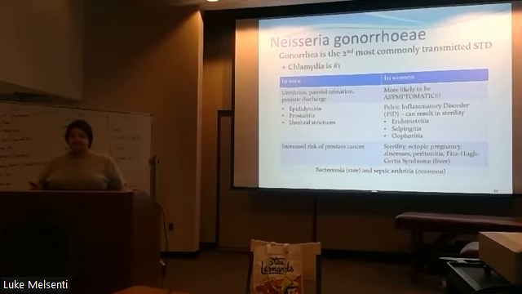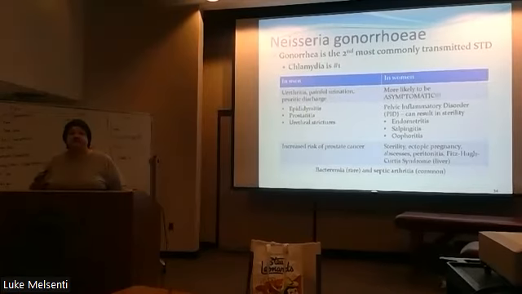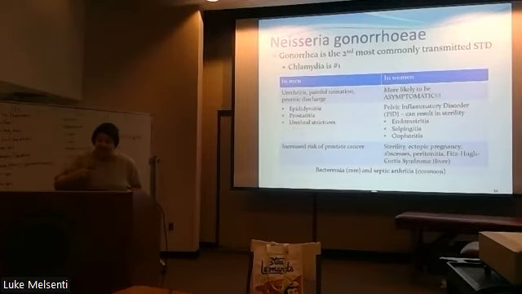Pelvic inflammatory disease is that whole categorization of all the female parts and what becomes inflamed: the endometrial lining in the uterus, salpingitis, the fallopian tubes, oophoritis, the ovaries. The way I always tell people to remember this, PID, pus in there. Think about it, right?